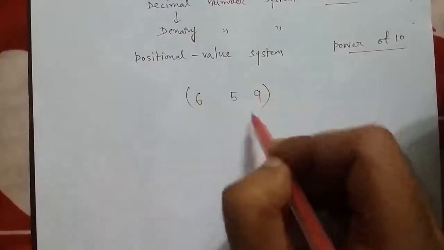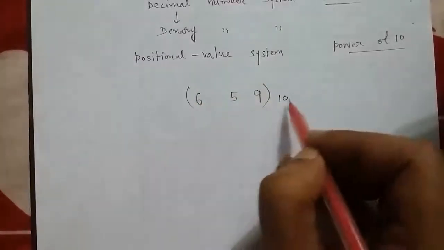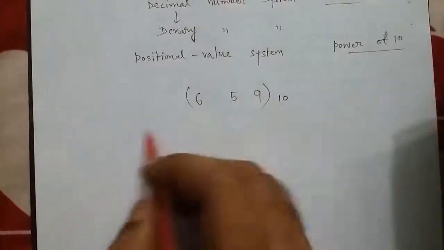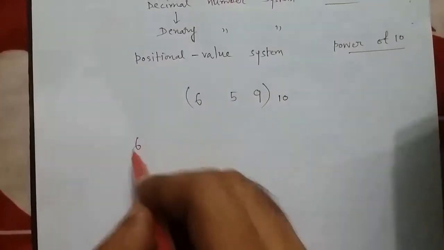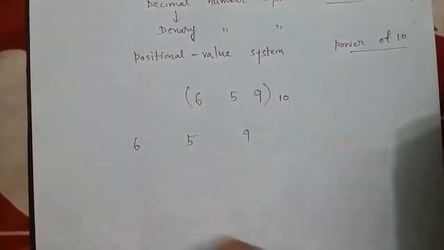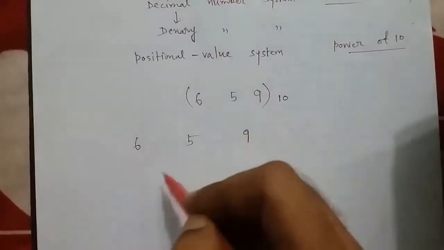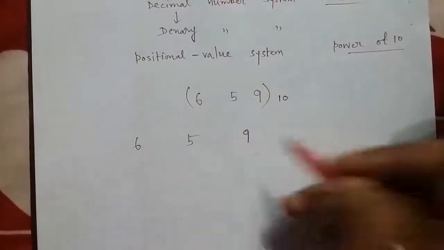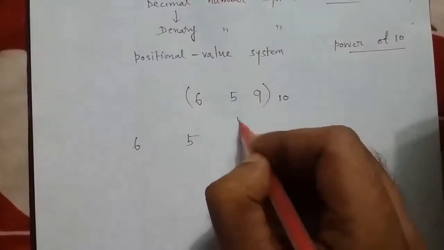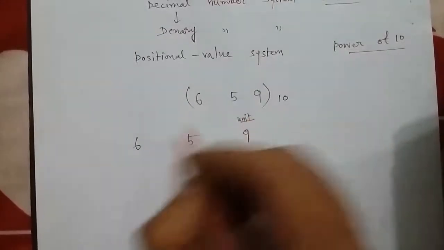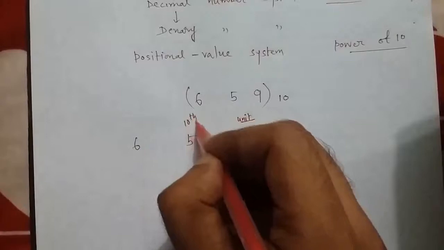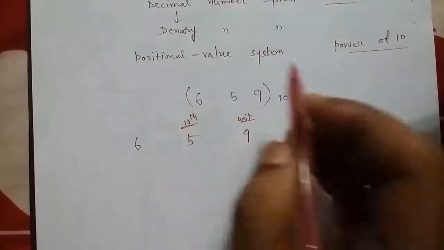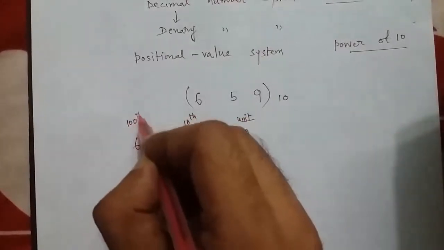So 659 is a decimal number, that's why base 10. If I write 659 like this, then I can tell 9 is placed at units place, this is the 10th place, and this is the 100th place.